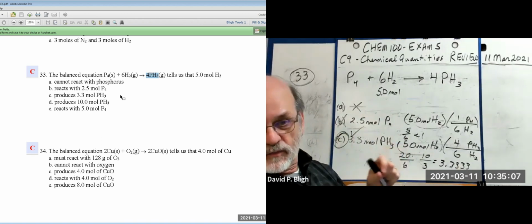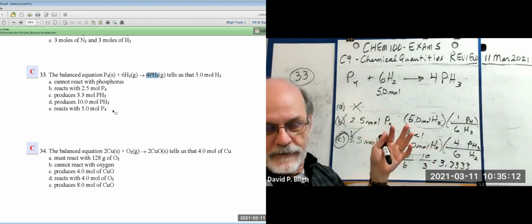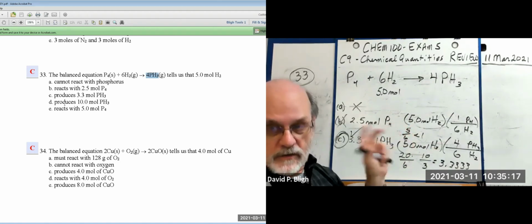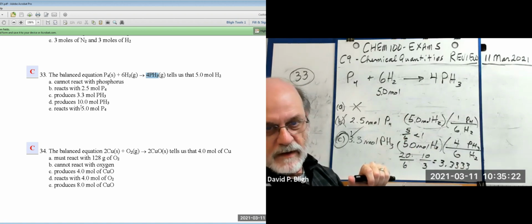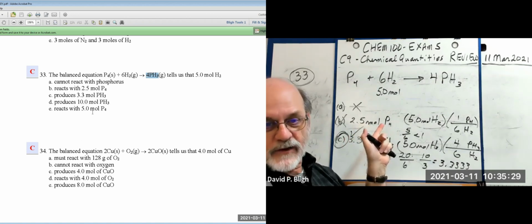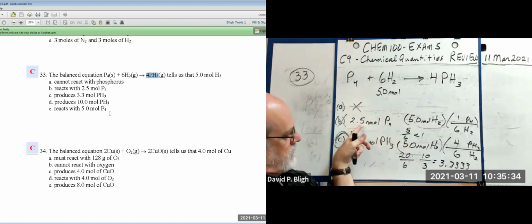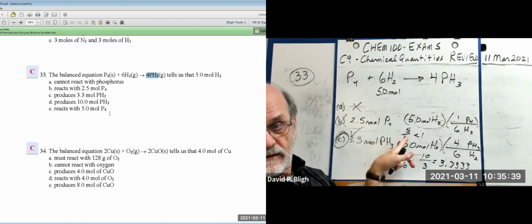And since there are no others, except for cannot react with phosphorus, and that's ridiculous, then we don't have to do D and E. If you're in the middle of an exam, you find the right answer, go with it. We already determined 3.3 moles of PH3 would be produced, so 10 moles of PH3 can't be. Reacts with 5 moles of P4. We already said that reacting with P4, it only requires 5/6 of a mole.